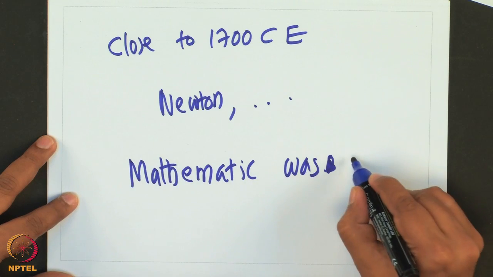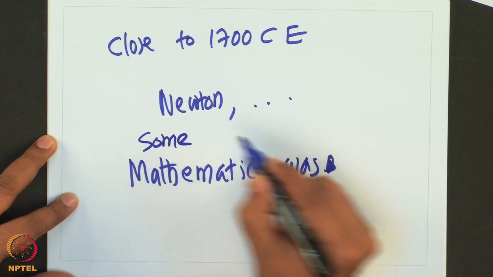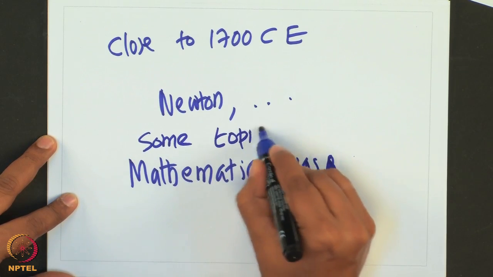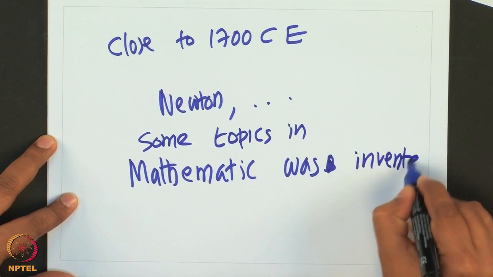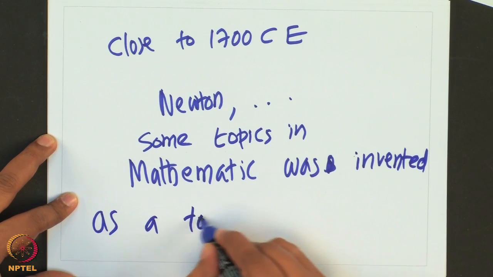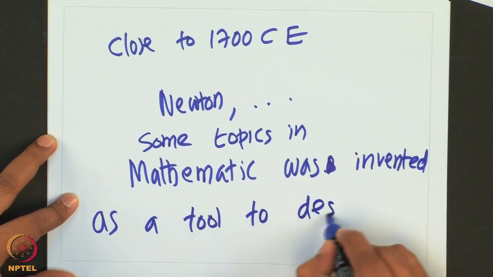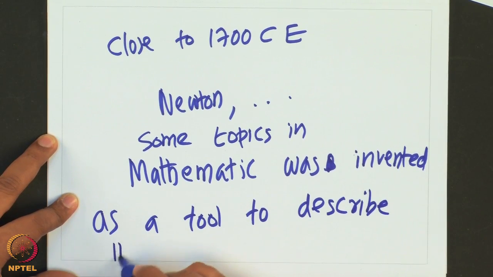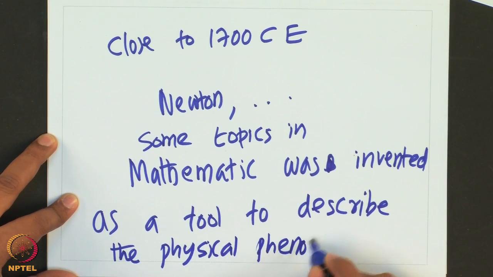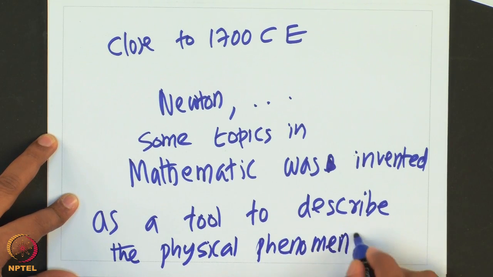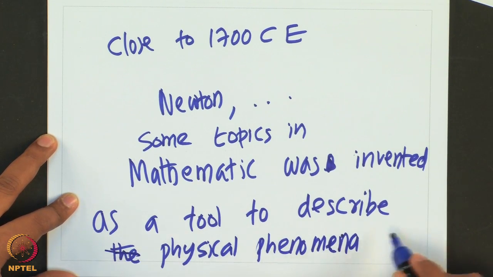Some branches of mathematics, some topics, I would say, in mathematics were invented as a tool to describe the physical phenomena that we observe, or various physical phenomena that we see around us, like motion of planets or falling of an apple, or you could think of motion as a simplest example.